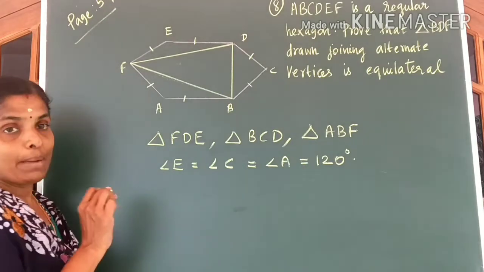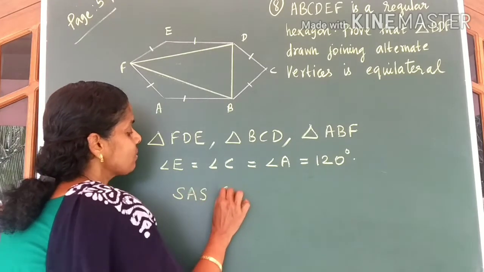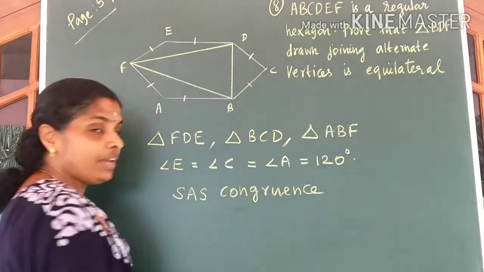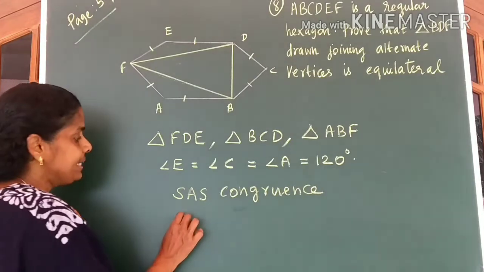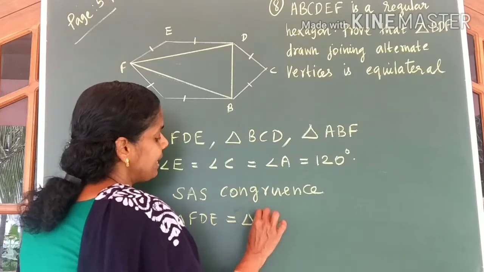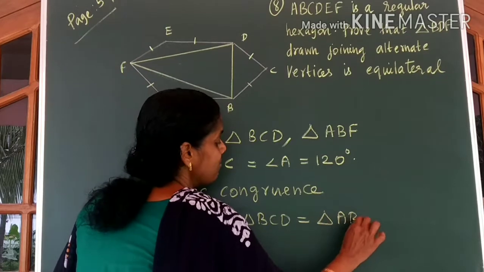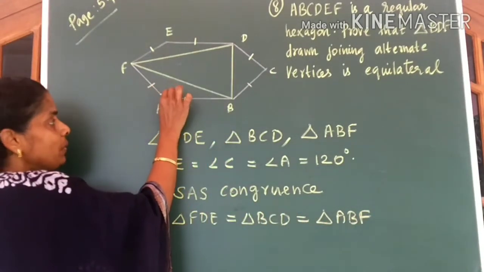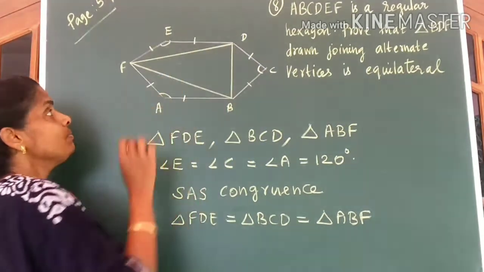So by using side angle side congruence, we can say all the three triangles are equal. That is triangle FDE equal to triangle BCD equal to triangle ABF, because two sides and included angle of the three triangles are equal.